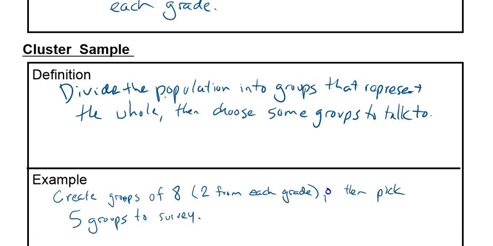So that way, each little group is a good overall representation of the student body. And then we're going to pick out 5 of those groups. In a school as big as McKinnon Park, we're probably going to have maybe like 80 to 100 groups. If we pick out 5 groups to survey, it should give us an okay representation of the overall population. It doesn't take too long to sample everyone.